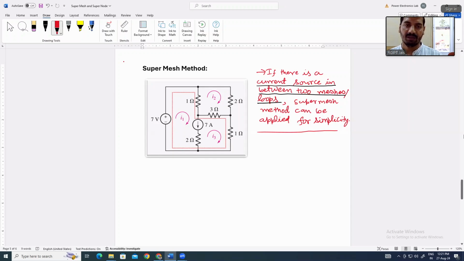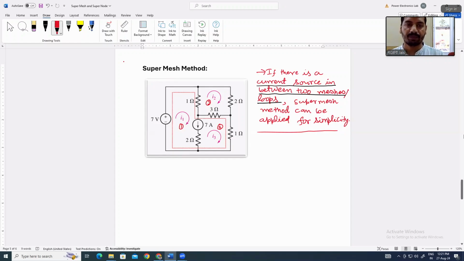This is loop 1, this is loop 2, this is loop 3. And you have denoted the current direction as clockwise, I1, I2, I3, in all three loops. And you can see that in between loop 1 and loop 3, there is a current source in the circuit, right?